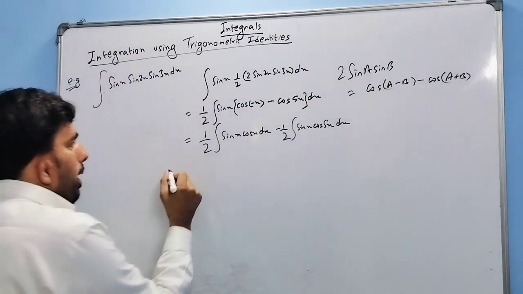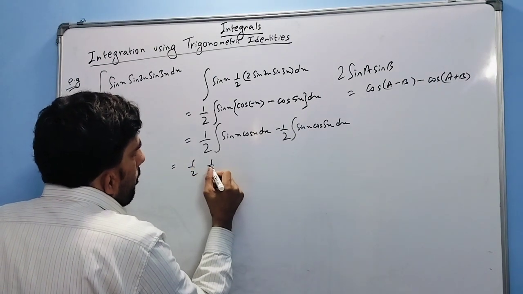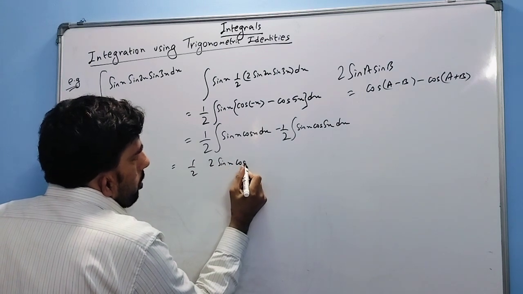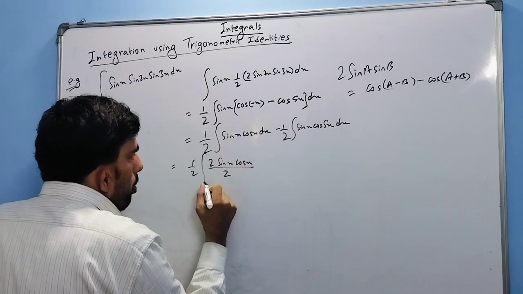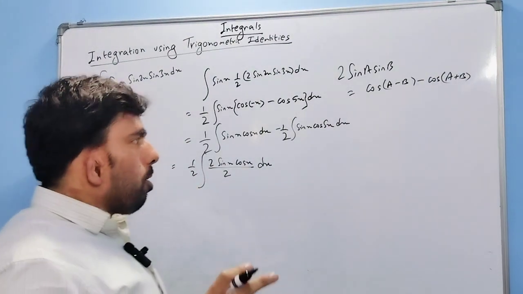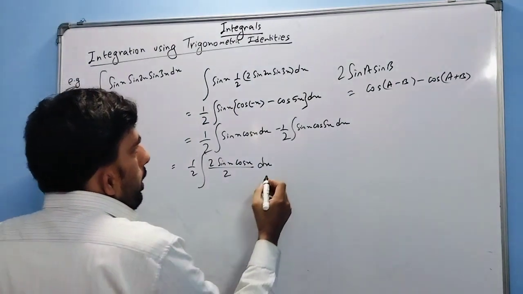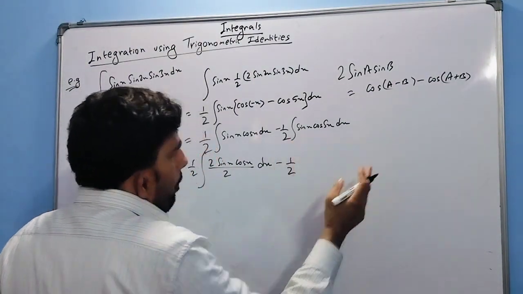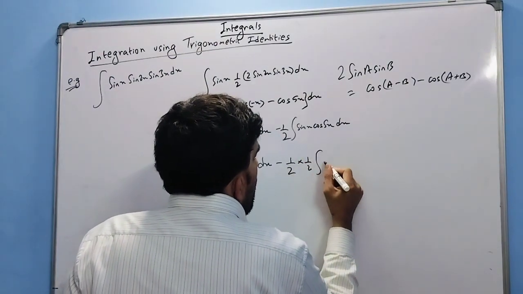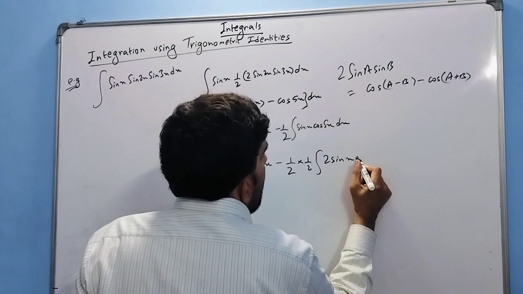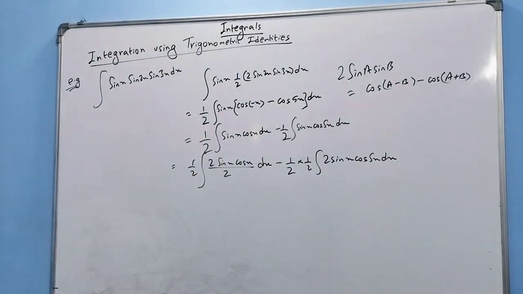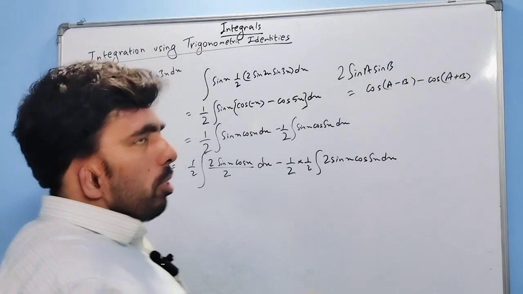Now we'll apply another identity. We'll multiply by 2 and divide by 2, sin x cos x by 2. We all know the identity here, 2 sin x cos x is equal to sin 2x. So we multiply by 2 and divide by 2 so that I can write the identity here, 2 sin a cos b.